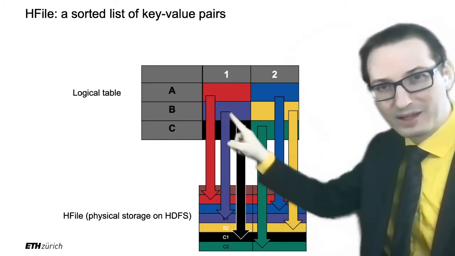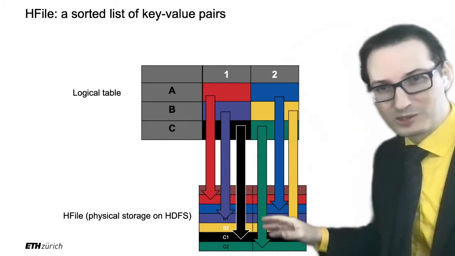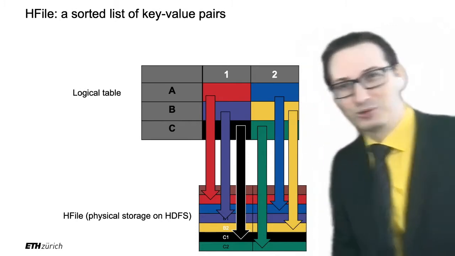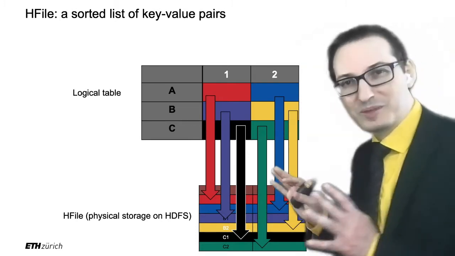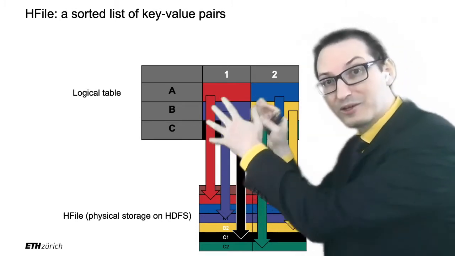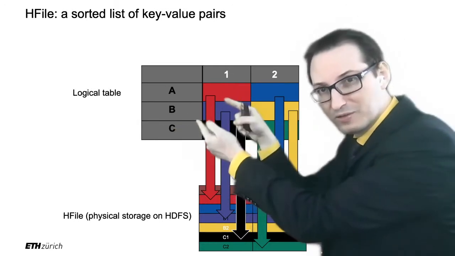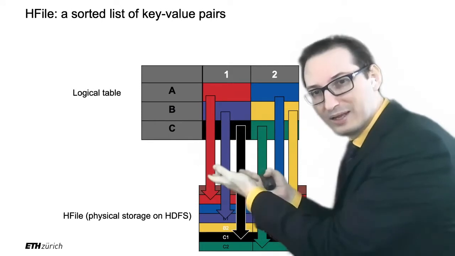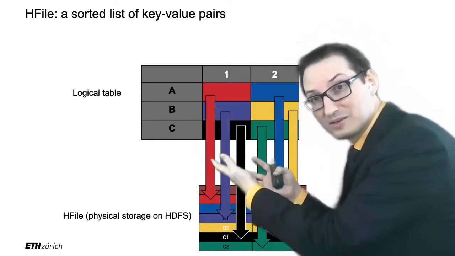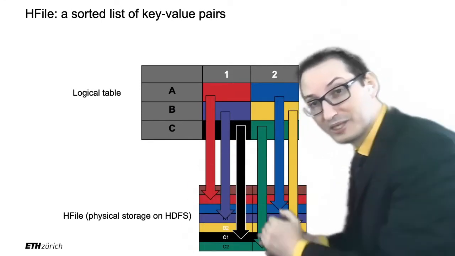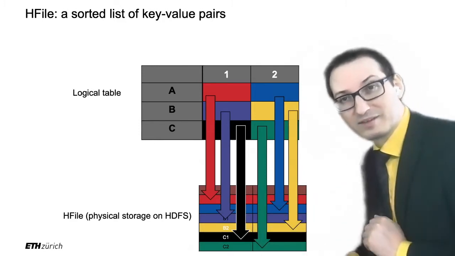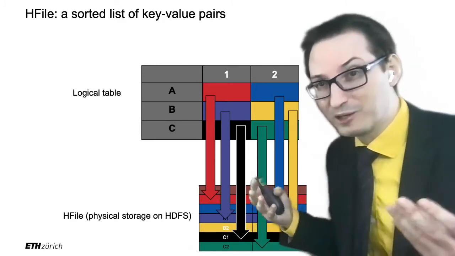Red is A1, purple is B2, and so on. You will figure out the spaghetti right there. But this is basically taking the cells, turning them into key value pairs where the key is the column and the row. And now I list my key value pairs in sorted order of the key. And this is what I get. This is an HFile. It's just key value storage, really.